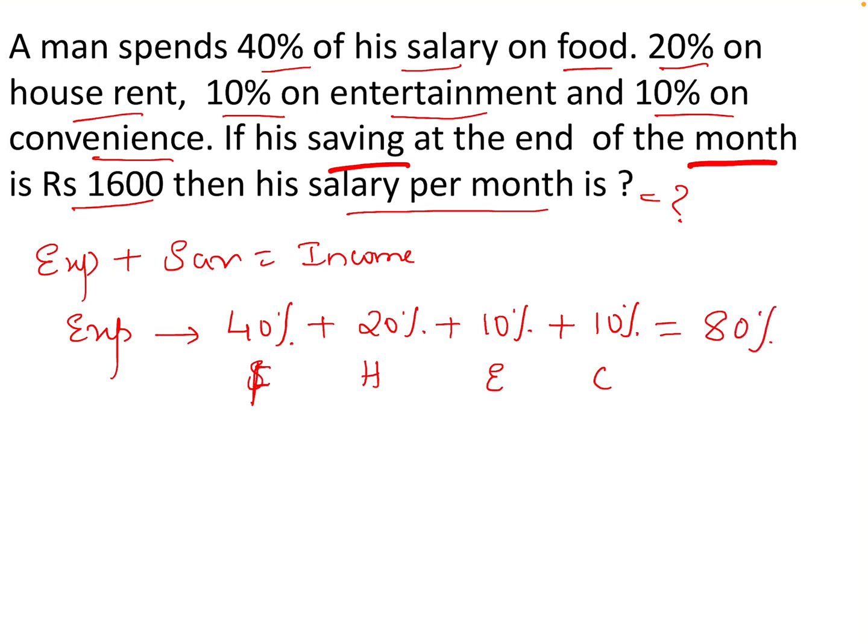After spending, how much is remaining? 20% is remaining, isn't it? So 80% of his salary he is spending and 20% of his salary is remaining. Now we know savings is 1600. Savings is nothing but this 20%.